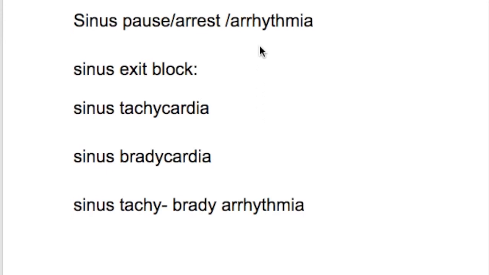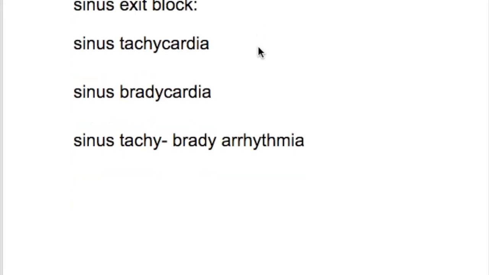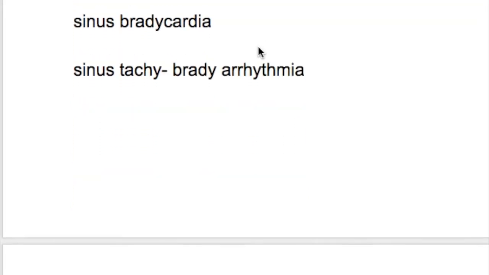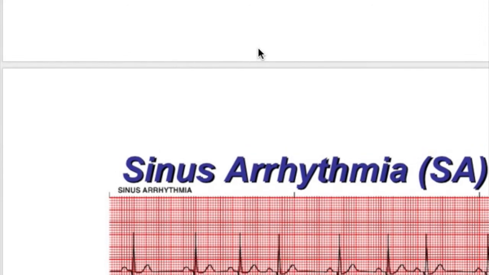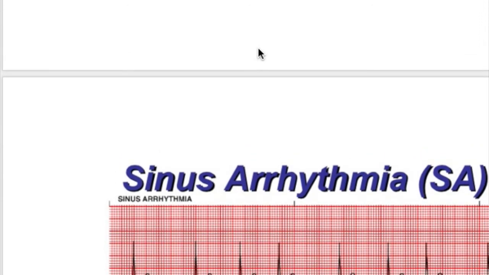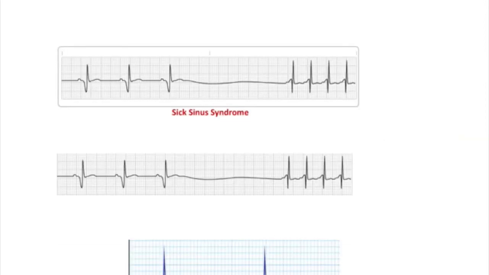In sinus arrhythmia, number one, the rhythm is irregular, and number two, the QRS complex is less than 0.12 seconds. So in sinus arrhythmia, the rhythm is irregular and the QRS complex is less than 0.12 seconds.